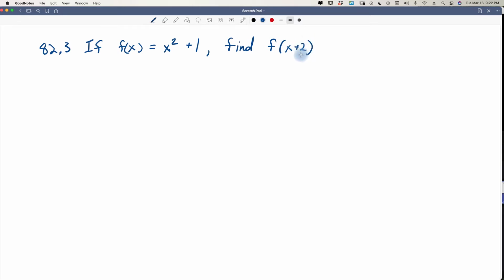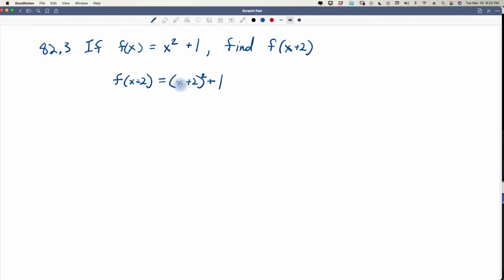So this time we have a little sentence here, a formula that we're going to drop in. Okay, so f of x plus 2 is going to be x plus 2, squared, plus 1, right?